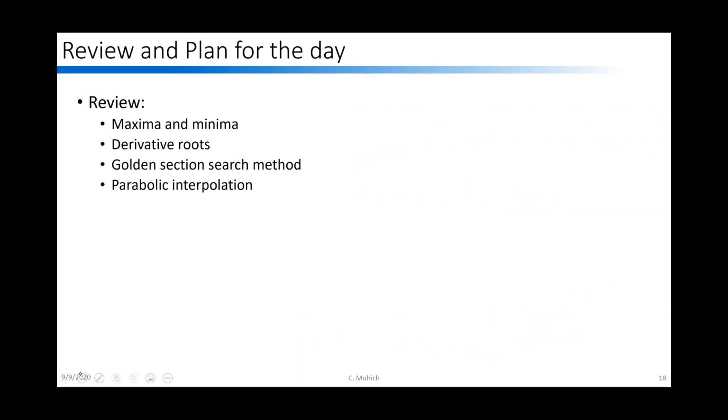So with that, I want to review what we covered today. Hopefully you now have a relatively good understanding of maxima and minima, including the difference between local maxima and minima and global maxima and minima. You know how we can find extrema using the derivative of the function and root finding algorithms. You feel comfortable using the golden search method algorithm.